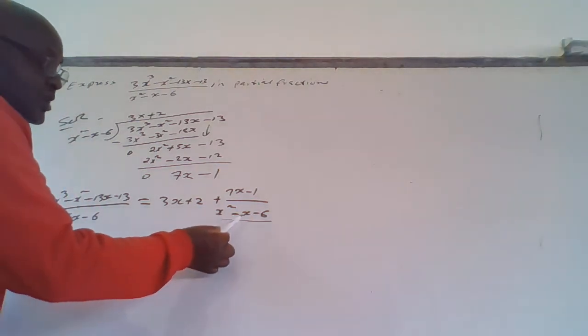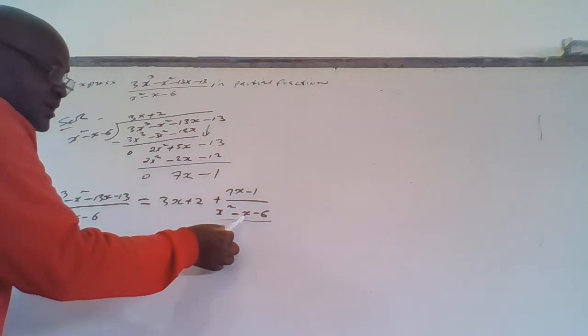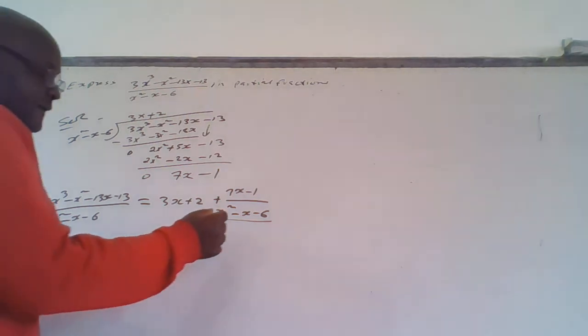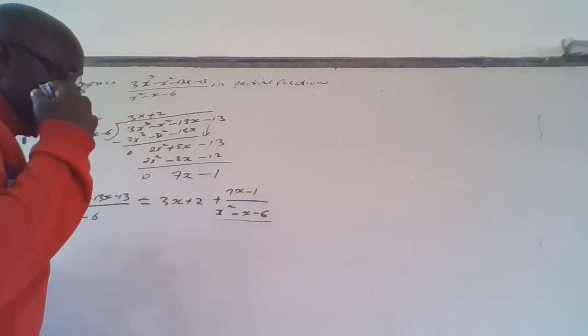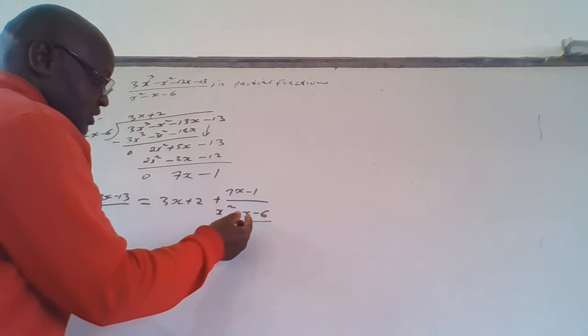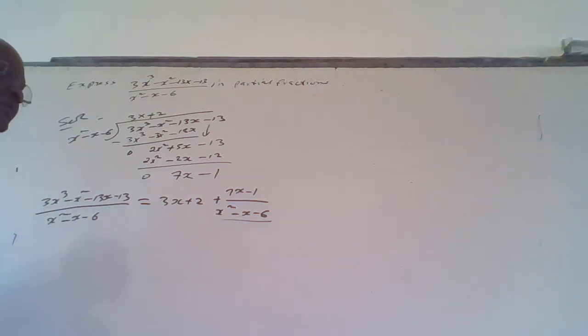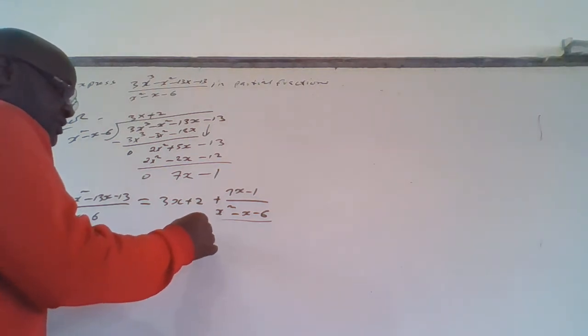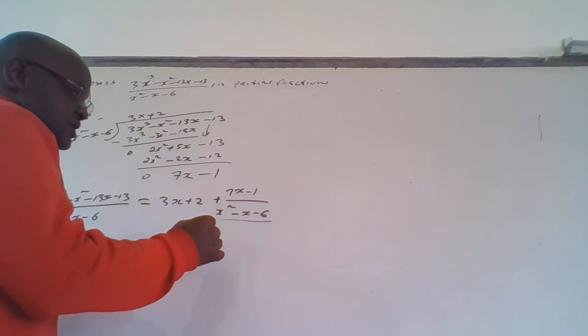Now, we need two numbers that when you add, you get negative 1, and when you multiply, you get negative 6.